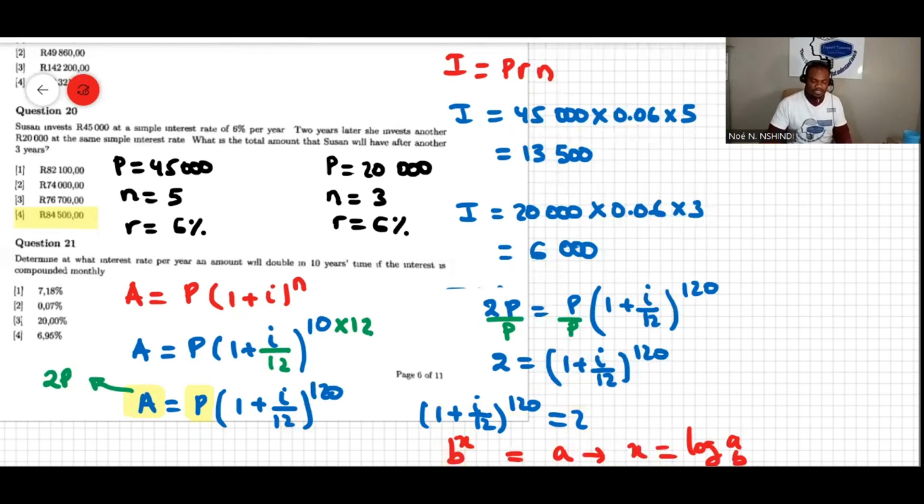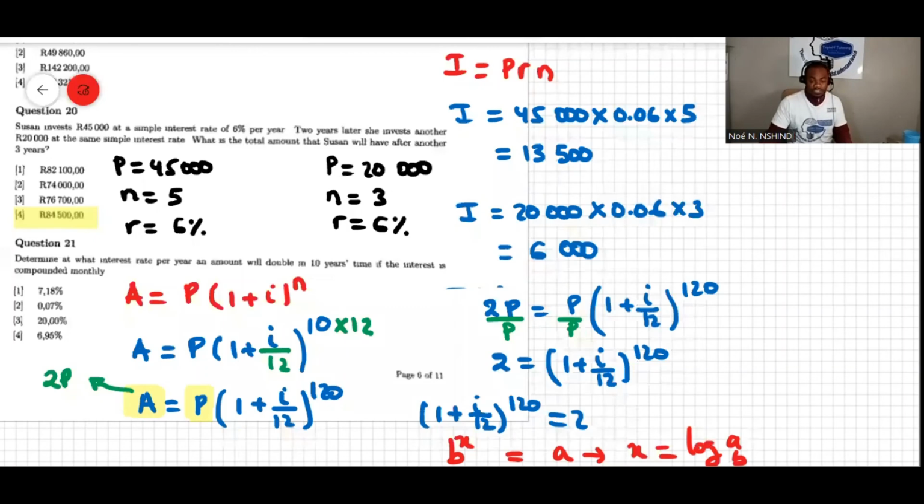Now, the exponent is known, so we don't need to use the law of logarithms. Instead, I am going to take the 120th root of both sides.